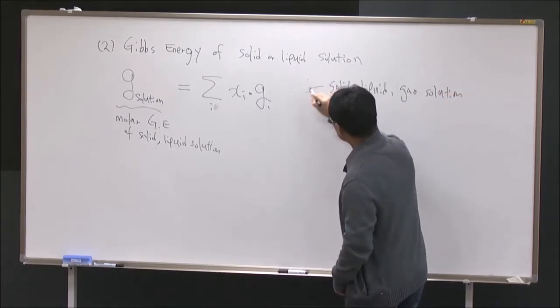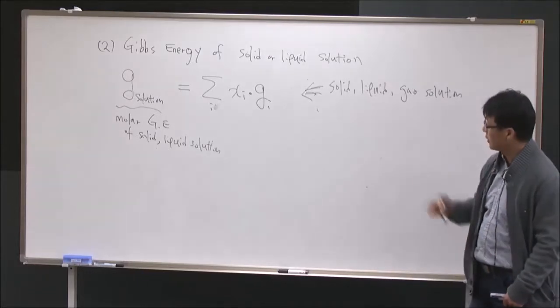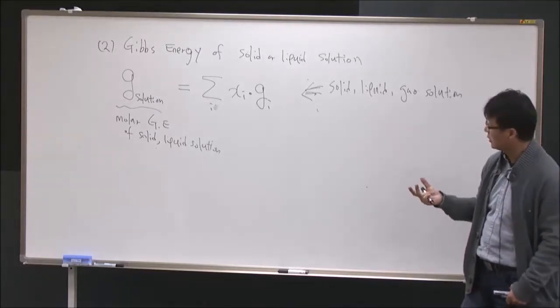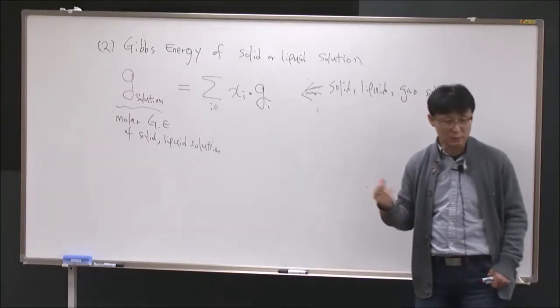This is always true. So whenever you have a solution, Gibbs energy is the sum of partial Gibbs energy times mole fraction.